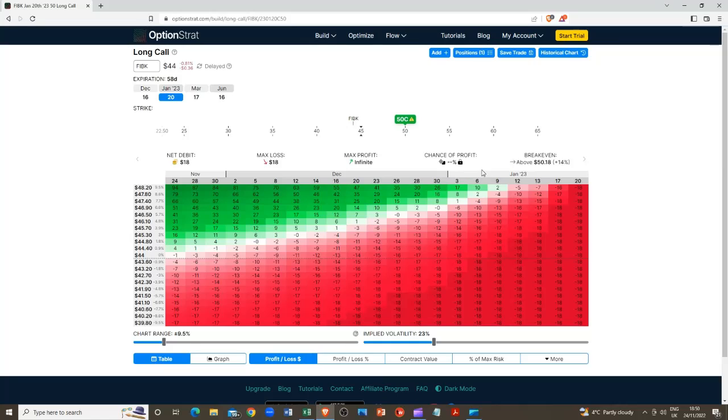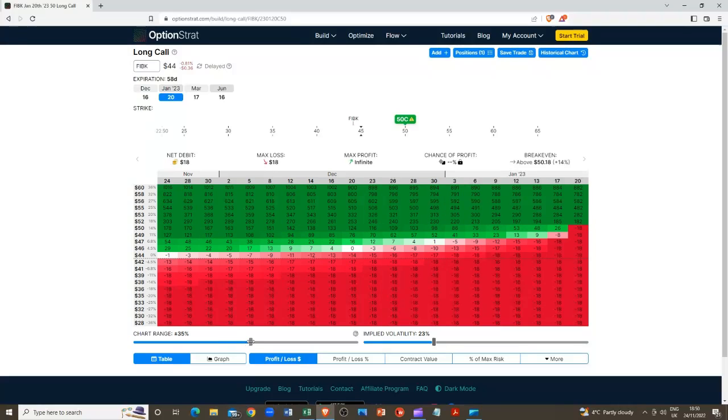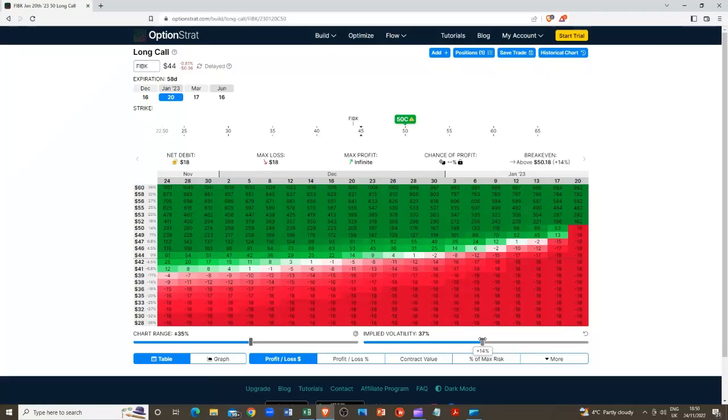However, the price at which you make a profit towards the end of the expiry of the contract increases, which means that your probability of profit reduces. You can also increase the chart range to show a higher variance of price range. And if you know what the implied volatility is, you can also see how that impacts your profitability matrix.